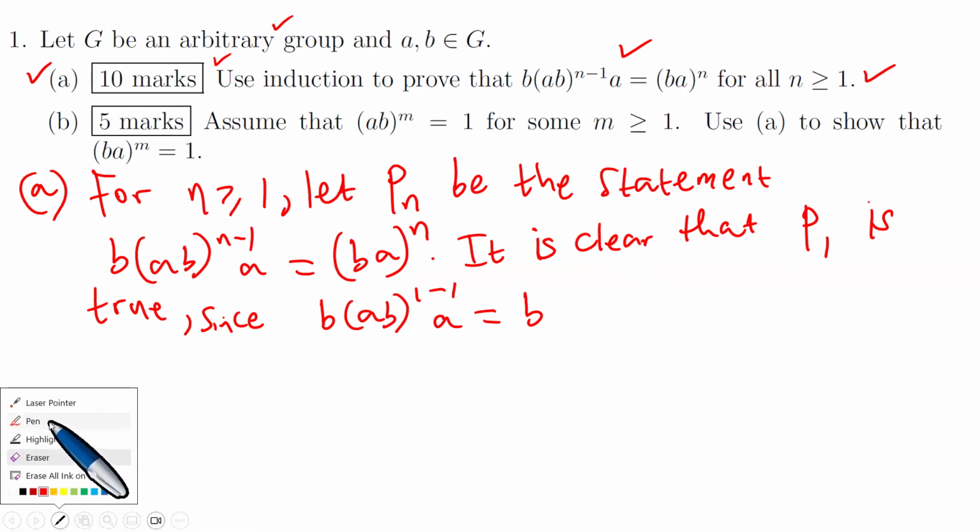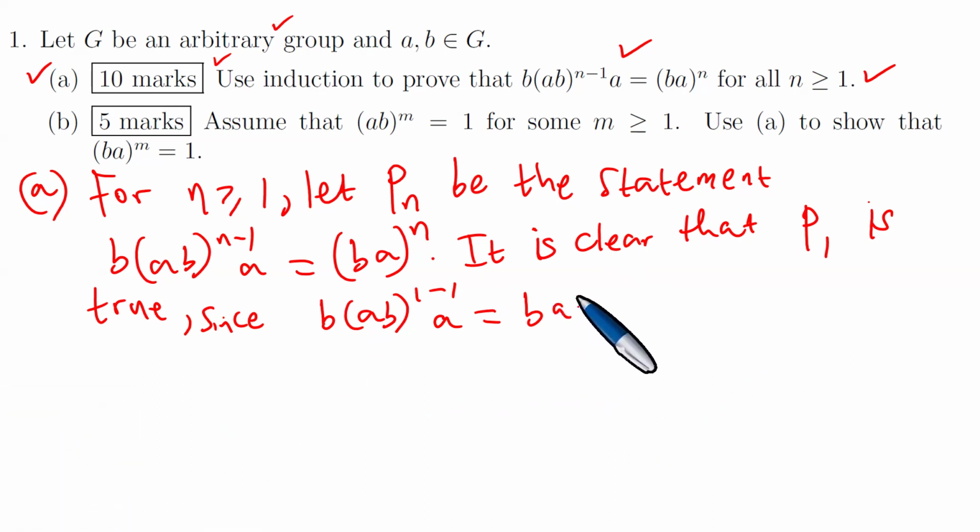You can write it as AB times (AB) to the power minus 1, and then A. Now we are multiplying an element by its inverse. Since we are dealing with an arbitrary group, this would give us the identity in the group.